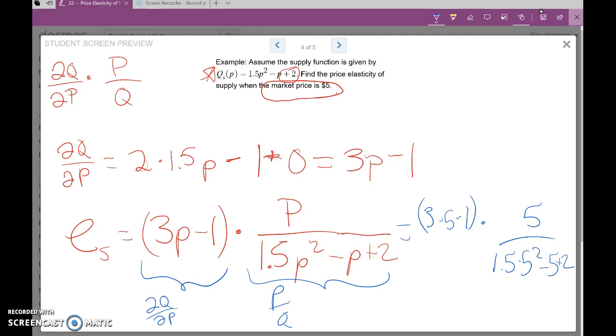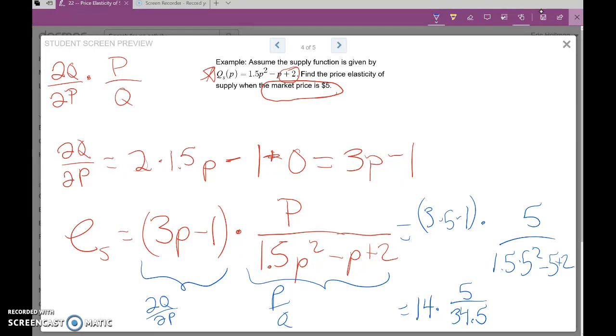So in this parentheses here, you get 15 minus 1, which is 14, times 5 over, I'm going to need to break out a calculator here. 1.5 times 5 squared minus 5 plus 2. It's 34.5. So 14 times 5 divided by 34.5.